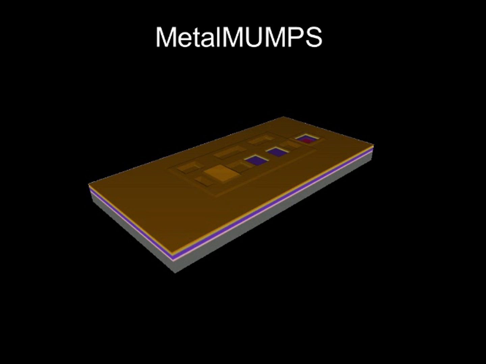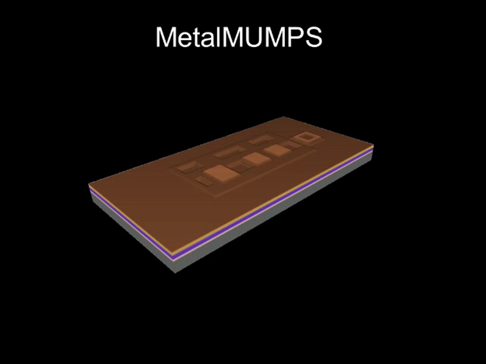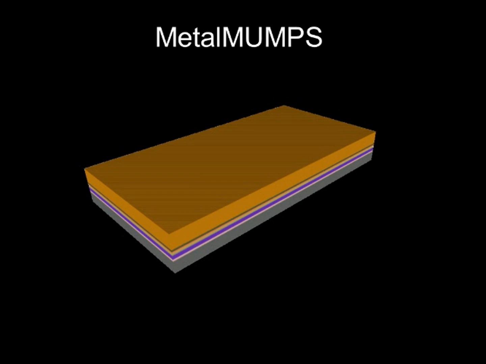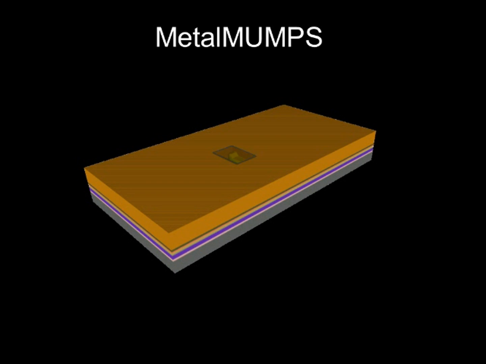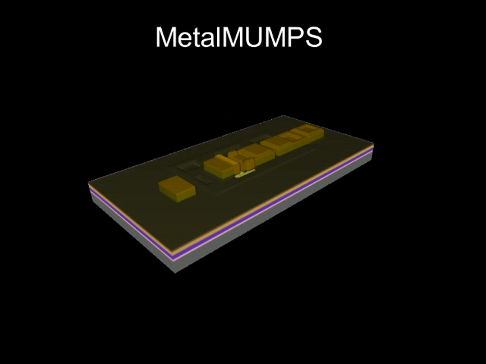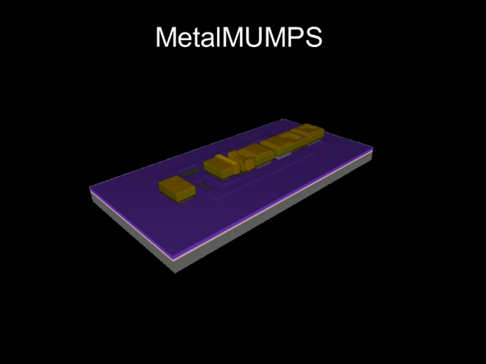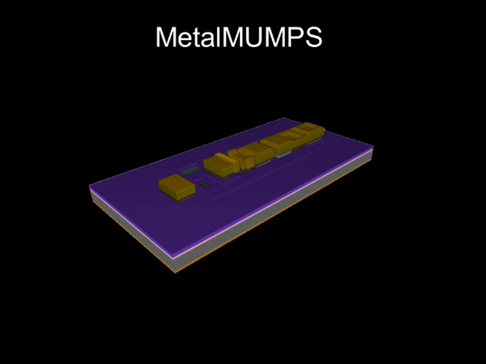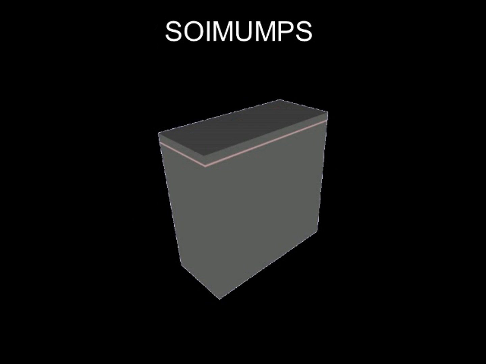Metal MUMPS processes are commonly used to make relays, microfluidic devices, and certain RF devices. So this is an example of an animation that you would see out of FabViewer or FabSim.